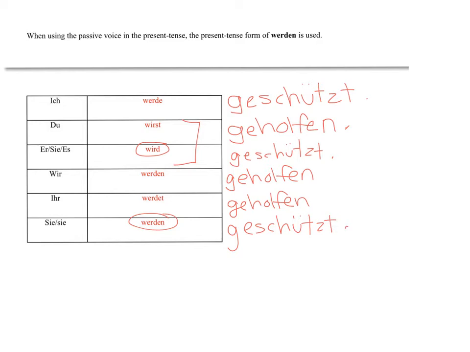So they are being protected. Maybe that is die Wälder werden geschützt. The forests are being protected. So you can definitely be using the passive voice with all these other forms of werden, which I just wanted to show you. Most commonly you'll use the er/sie/es form with wird and the sie plural form of werden.